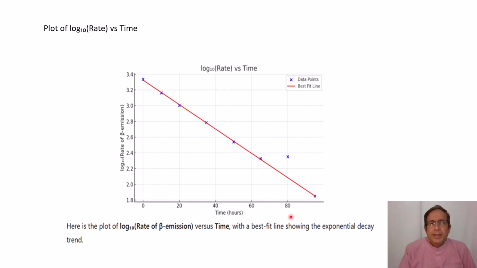At time t is equal to 80 hours, the data that is given for the rate is not matching the rest of the data, and so it is an exception and you can neglect it. So the slope is just when you attach all these points together and then you calculate the slope of this graph. From that you can calculate the value of lambda, and from that you can calculate the value of t half, as we have done in the earlier slide.